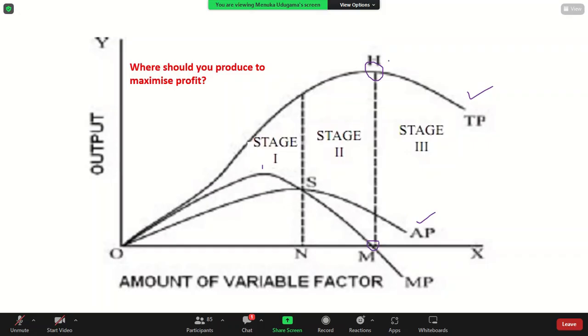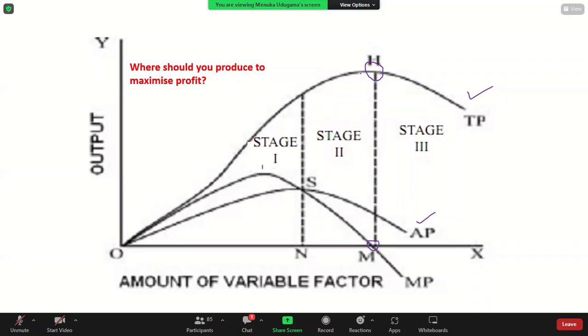Now, you can prove this algebraically also: when a curve is at its maximum or minimum point, the slope becomes 0. And the marginal product is the slope of the total product function, so it becomes 0 there.